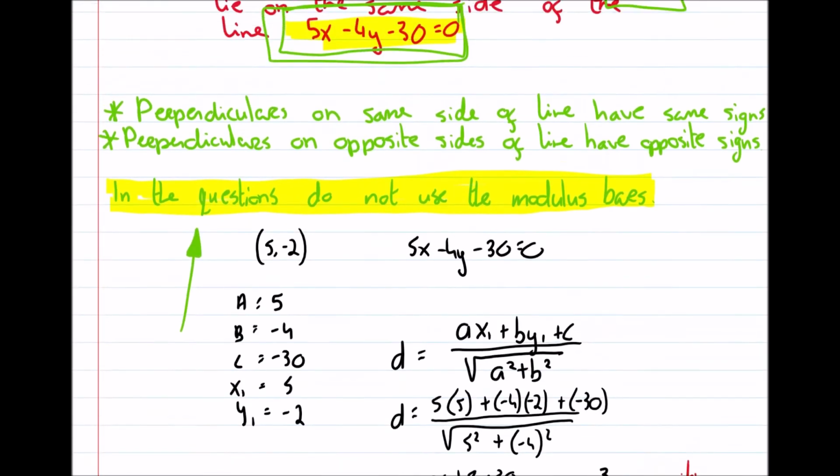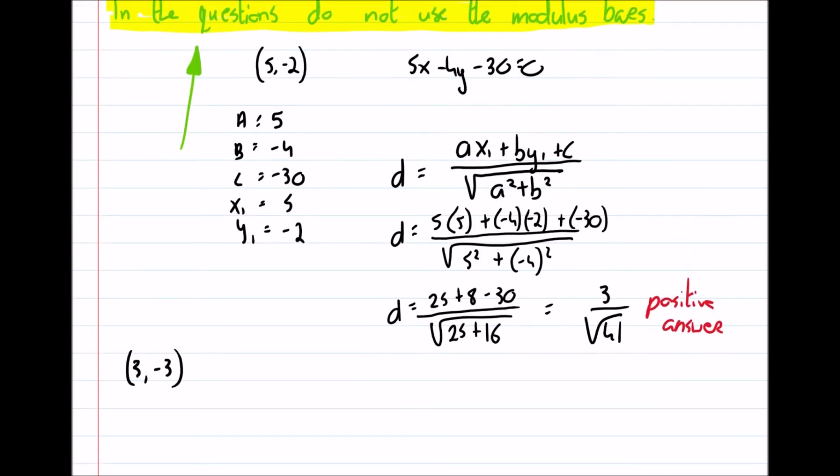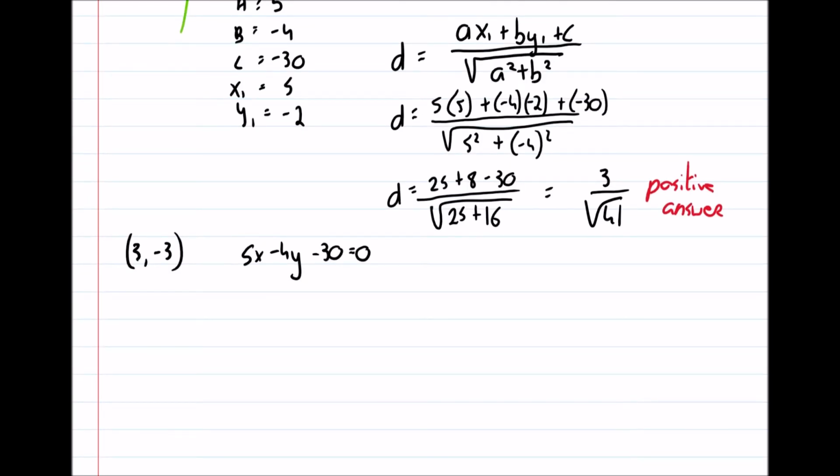Right, so the next one is the point 3, minus 3. So 3, minus 3, there's the point. The line is again 5x minus 4y minus 30 equals 0. We do it out. A, B, C, x1, y1. So it's 5, minus 4, minus 30, 3, minus 3. Okay, our formula then, we have it up here, so I'm not going to write it again.